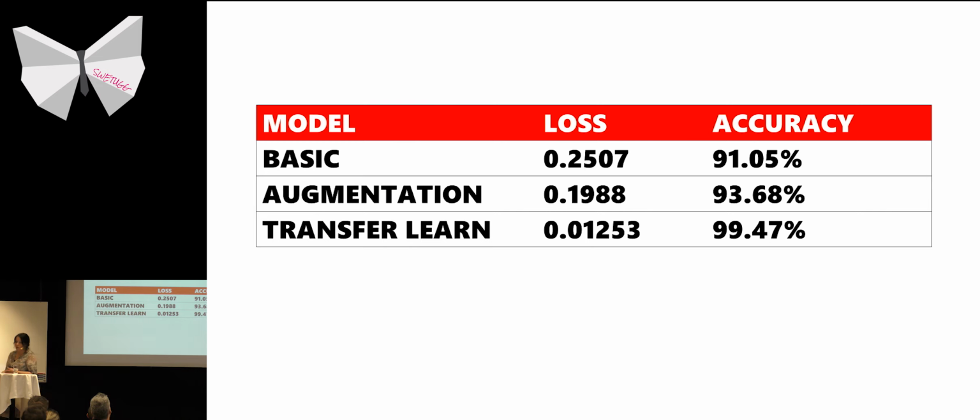In fact, here, where it says 99.47%, that's actually like 100%, only there's one image that it is sometimes a little bit unsure of, because I don't have enough test data. If I have 20 images in my test data, one wrong will make a lot of difference on the percentage.